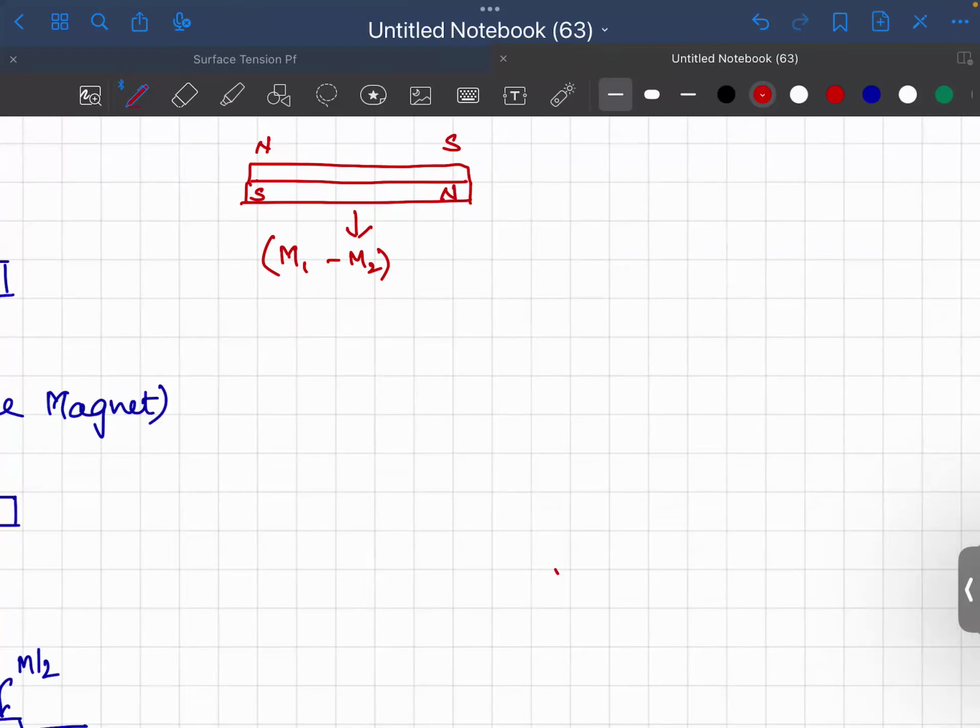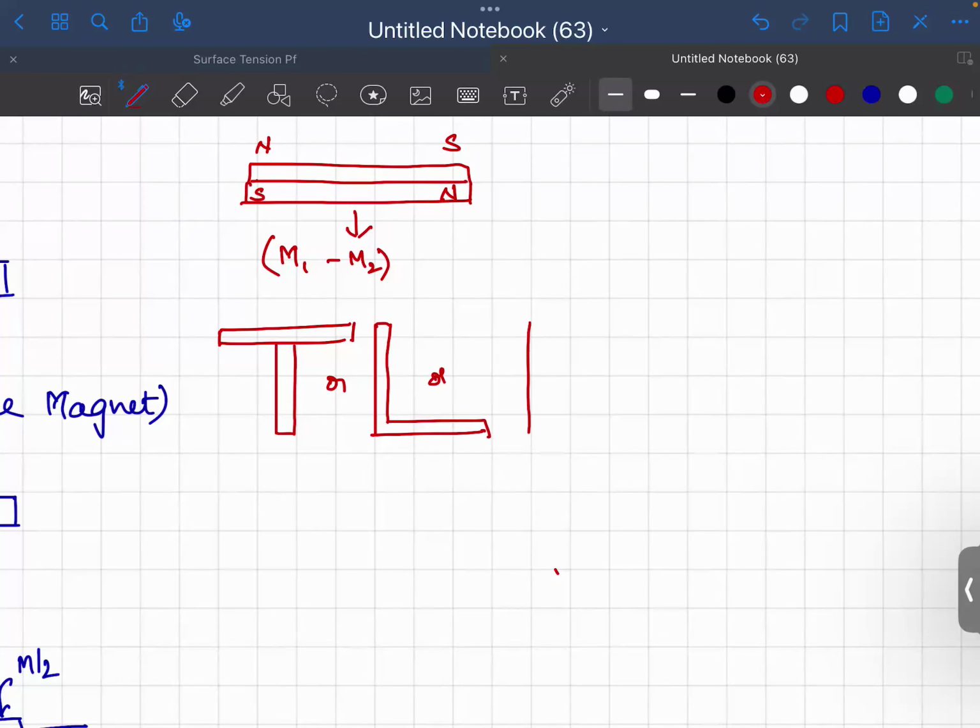Same thing you can apply for electric dipoles also. Now, if the magnetic dipoles are in a T shape, or L shape, or plus shape, in all these forms, remember they are short bar magnets.